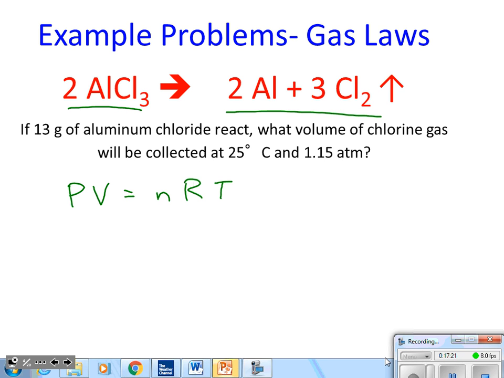So in order to do these problems, I have to have 4 out of the 5 variables, right? Now, let's check this out. I'm always going to have R because it's a constant, right? I just have to match up my labels, okay? What else do I have here given to me? I have a T. My T is in Celsius, though, so I have to convert it to Kelvin. Okay? What else do I have given?